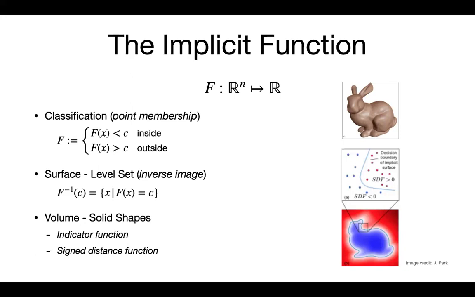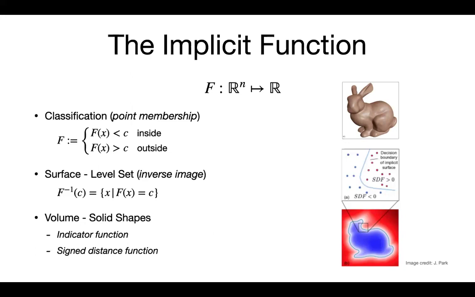And notice that this c is just a notation, because if I move c to the other side, I can normalize and say less than 0 or greater than 0, because f(x) minus c compared to 0 is the same as comparing f(x) to c. And then, if we want this to represent the volume, this can be an indicator function or any other function that obeys this point membership classification.